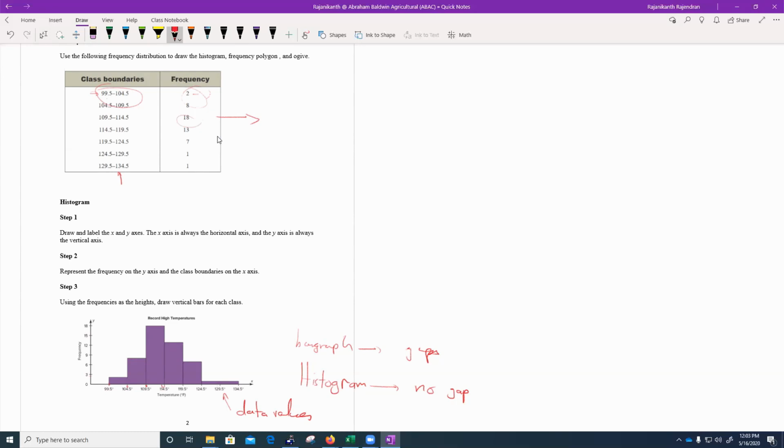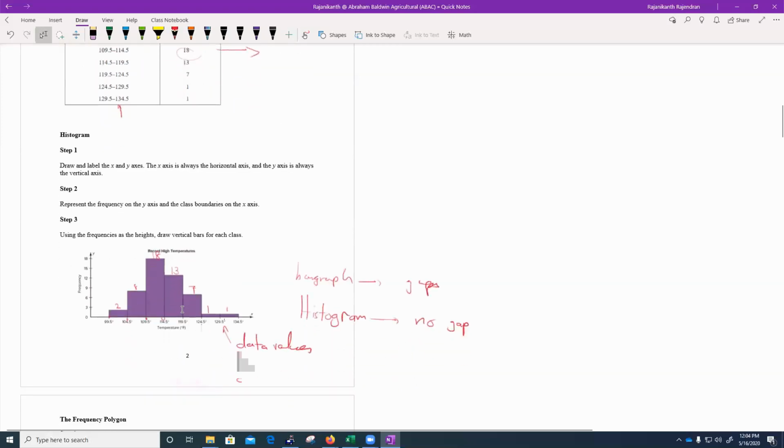After drawing the histogram, if you want, you could write the corresponding frequencies at the top of your blocks. My first block says that the frequency is 2, therefore I'm writing 2 here. And the next one is 8, then the next frequency is 18, then 13, 7, 1, and 1. So this is my histogram for the given frequency distribution table.